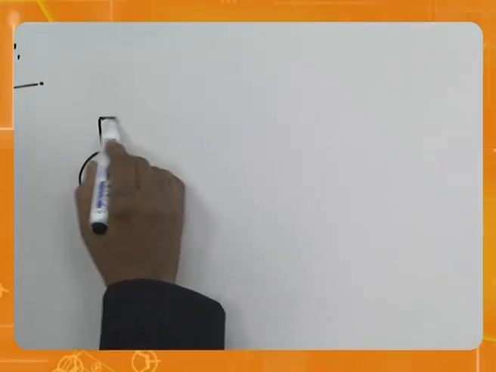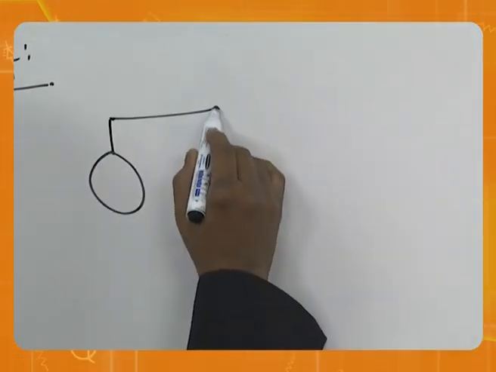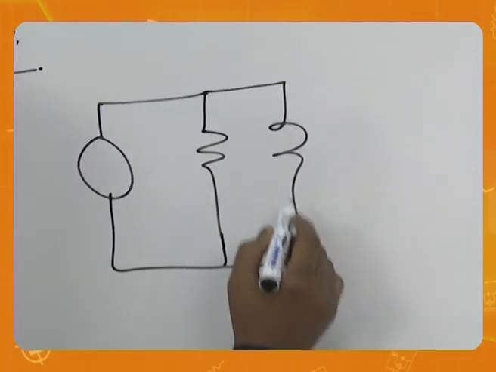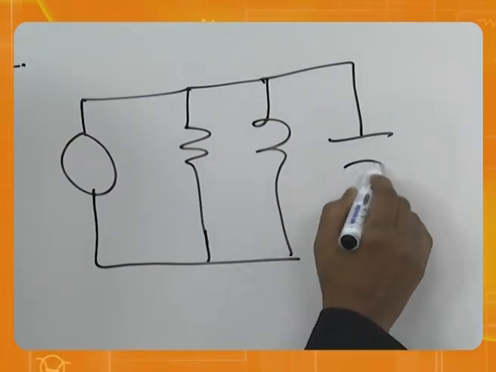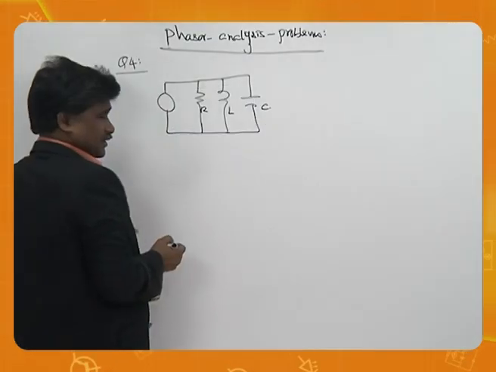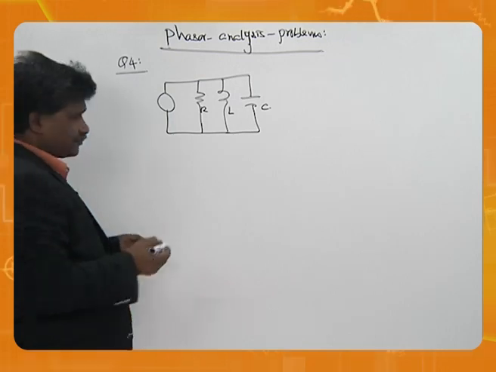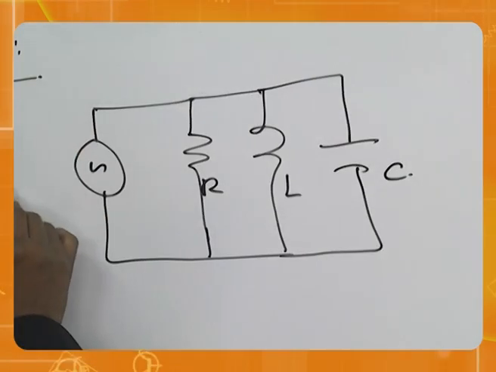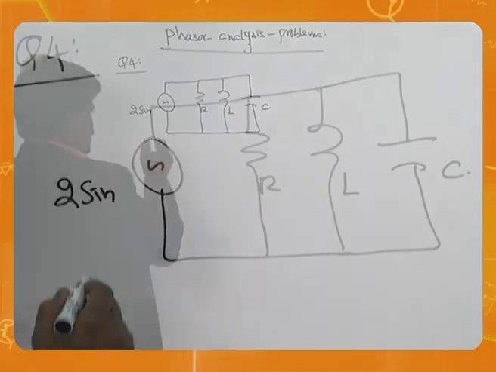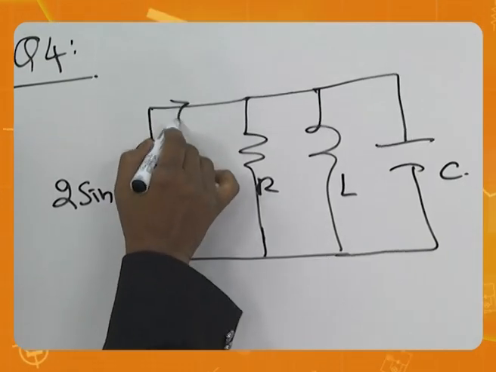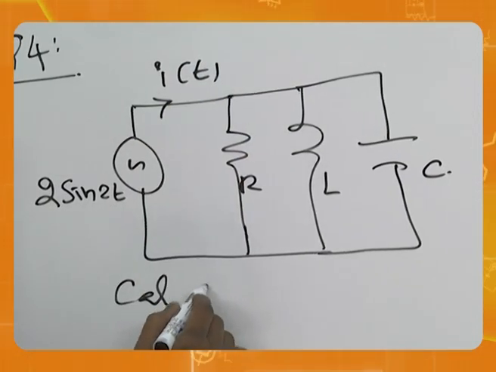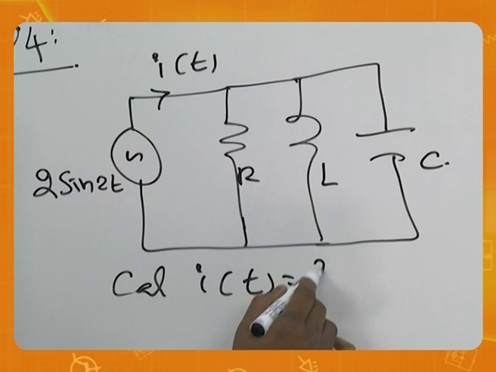This is the circuit given to you. All the 3 components are here, R, L, C. The source is 2 sine 2t. The question is calculate I of t.